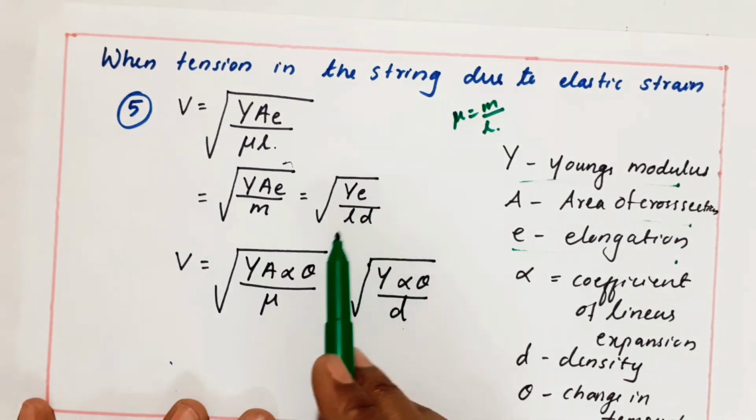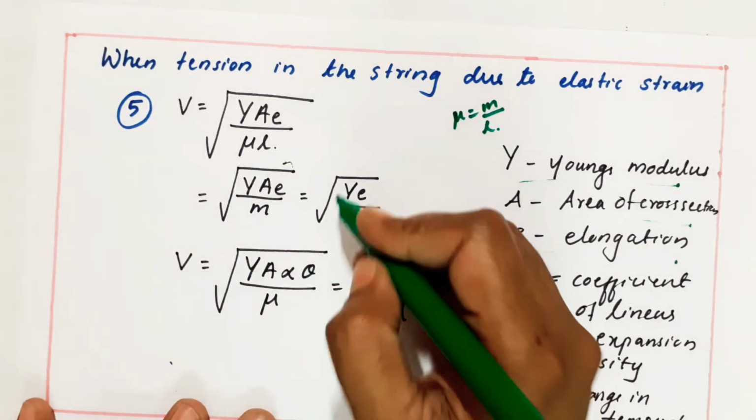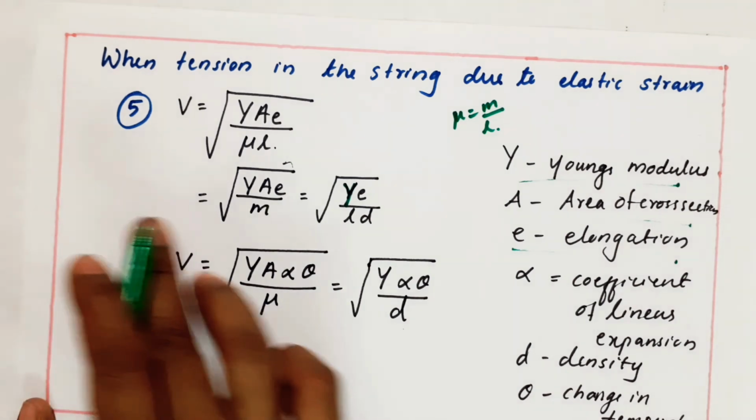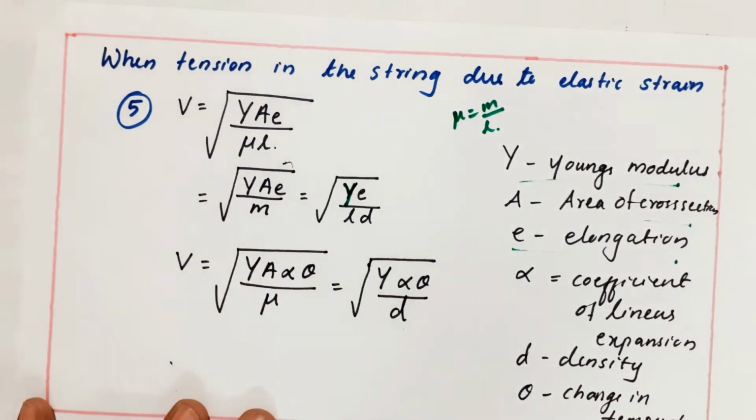So Ye by LD also is there. Ye by LD. Clear? So these are the equations related with Young's modulus and elongation.